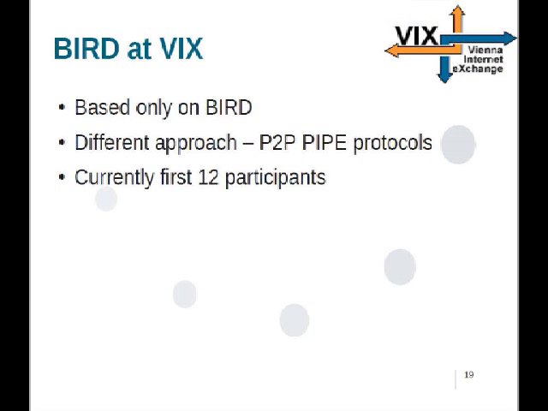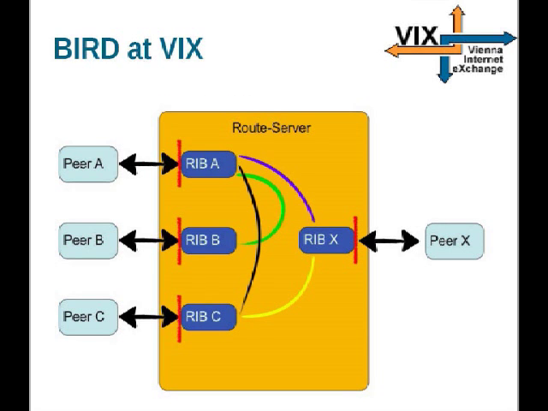Another one, this is a little bit different, so that's why I'm picking it up. It's VIX, the Vienna Internet Exchange. They also use BIRD, but they decided to have a little bit strange, or let's say different, schema of the pipe protocols. As you may remember, I said every BGP instance is connected to some local routing table, and that's connected by a pipe protocol to the master routing table.